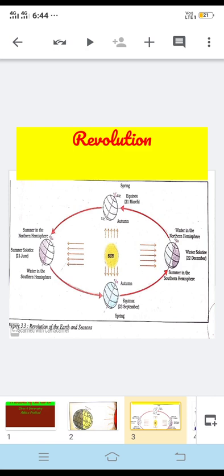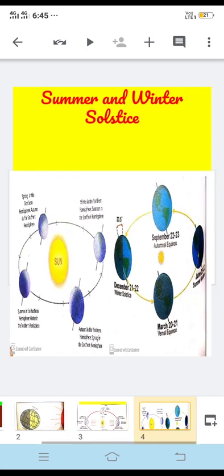And then you will see that on 21st of June, northern hemisphere. What is the northern hemisphere and southern hemisphere? In the last lesson we have discussed the globe, longitude and latitude.